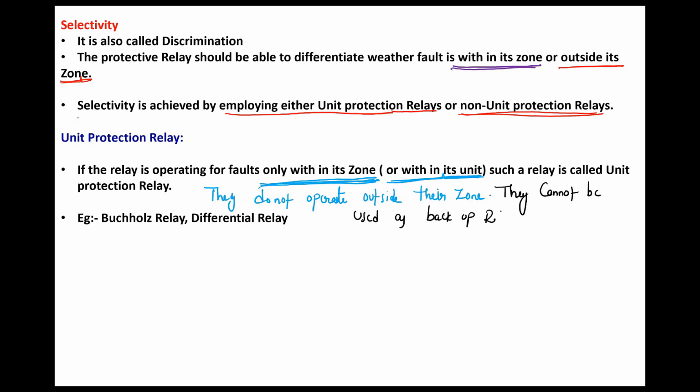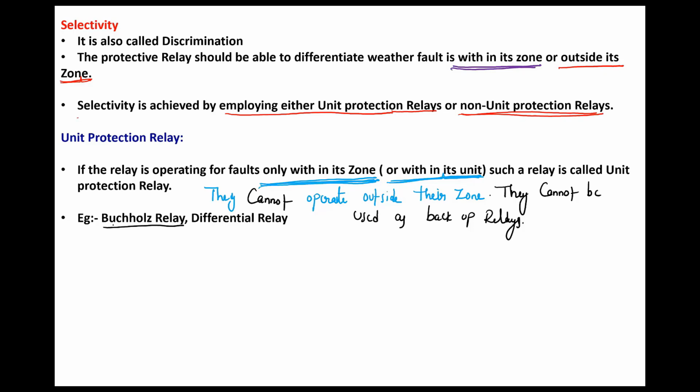So unit protection relays will only operate for the faults in their unit or in their zone. You should write they cannot operate for faults outside their zone. So they cannot be used as backup relays.